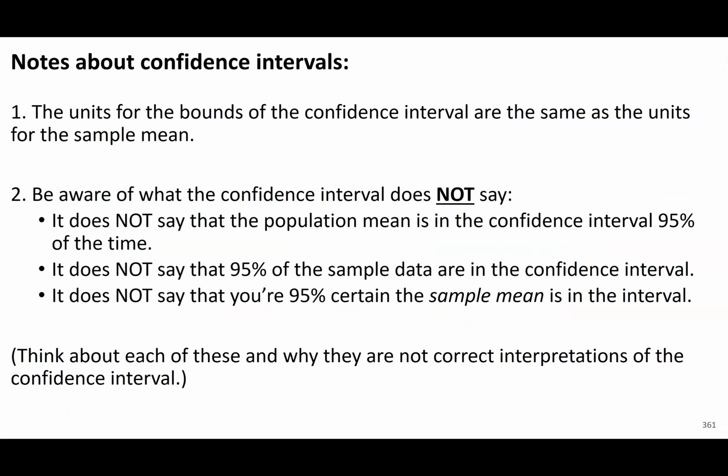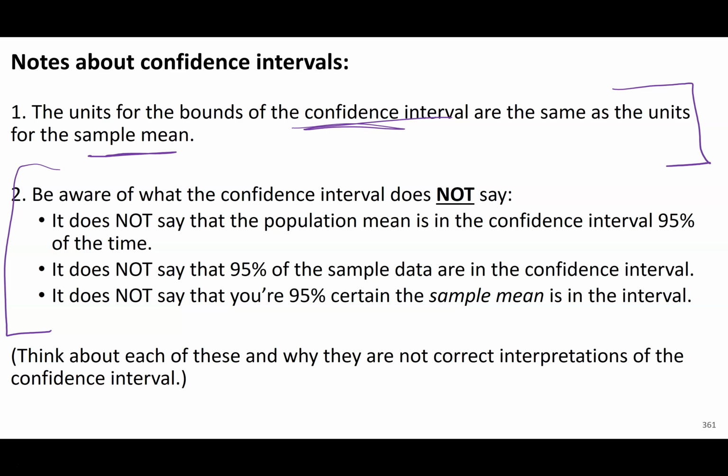So a few notes about confidence intervals, because they can be tricky wrapping your head around the idea of them and talking about them. The units for the bounds of the confidence interval are the same as the units for the sample mean. Like the hummingbirds, the sample mean was in grams, so the confidence interval was also in grams. You also want to be super careful about what the confidence interval says versus what it doesn't say.